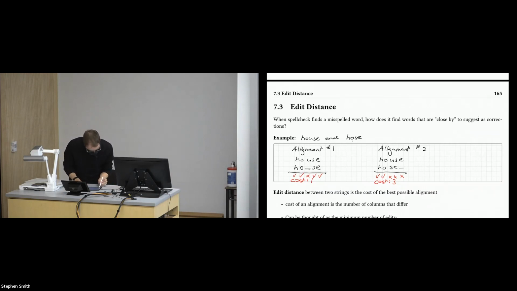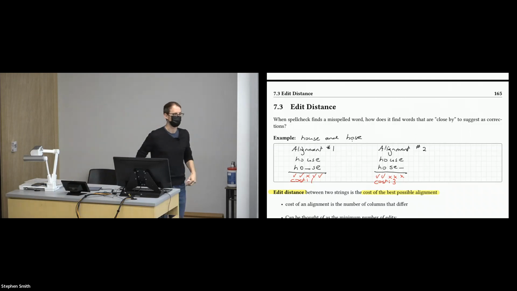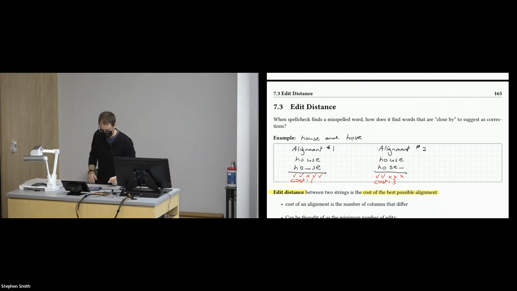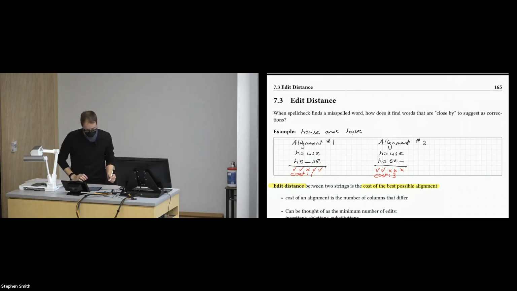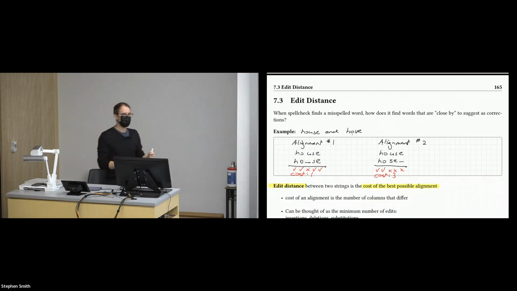So edit distance between two strings is the cost of the best possible alignment. And the cost of an alignment is the number of columns that differ when I line them up one on top of the other. And the idea, as I said, is it's the minimum number of edits I would have to make to one string to turn it into the other string.